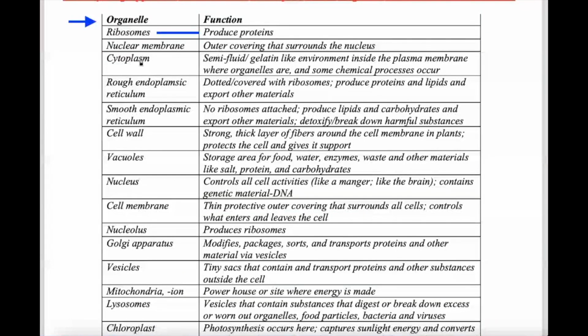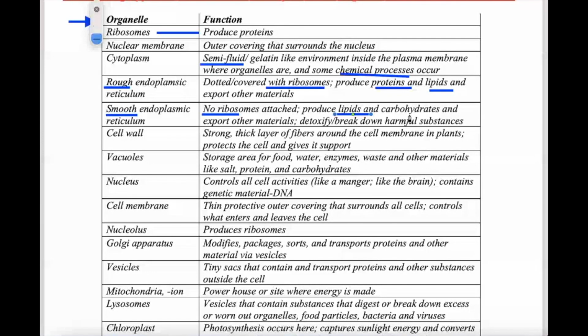Cytoplasm is a jelly-like material in the cell, which is very important for all the chemical reactions to take place here. Rough endoplasmic reticulum means they have ribosomes and they make proteins and lipids also. Smooth has no ribosomes, and they help in producing lipids and carbohydrates.